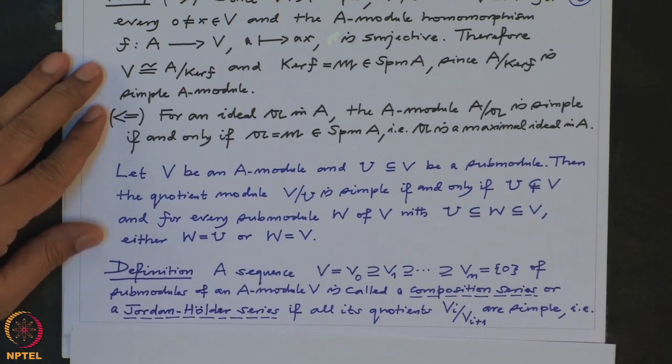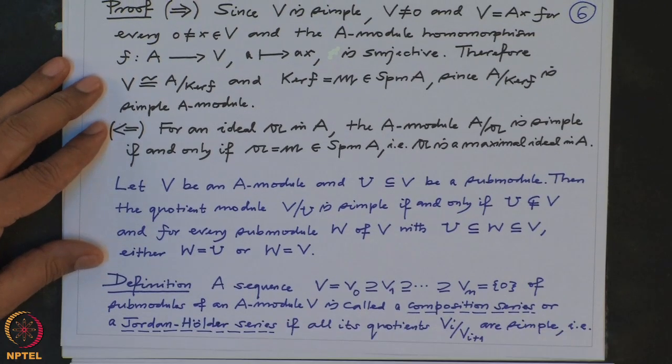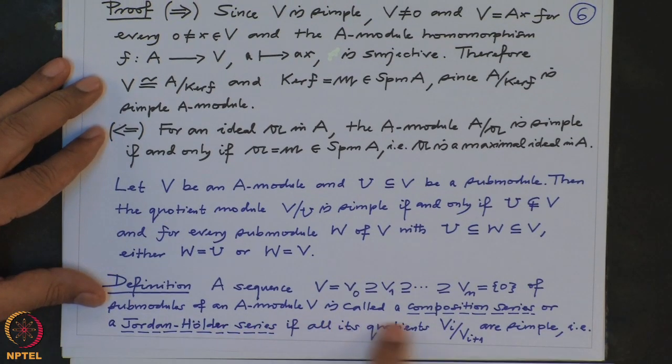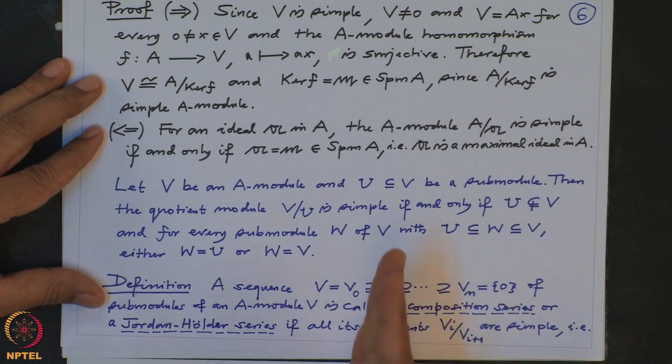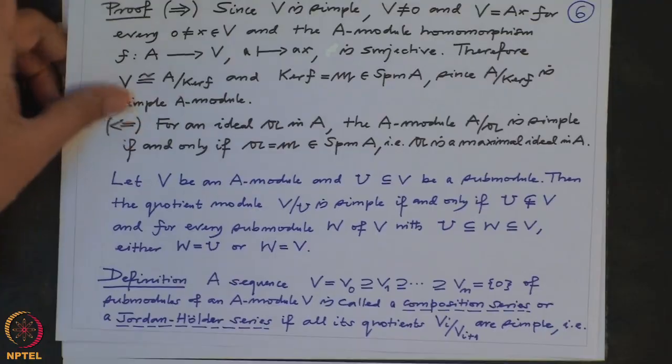Now, this allows us to make a definition. A decreasing sequence of submodules is called a composition series or Jordan-Holder series if all its quotients are simple. That means, first of all, these are proper inclusions and you can't insert anybody in between. That means you cannot refine this sequence.